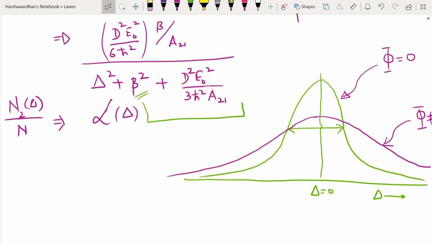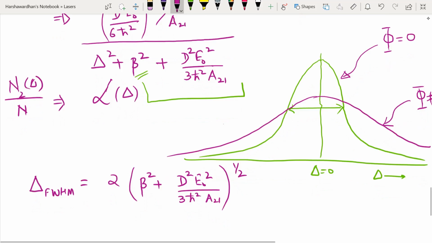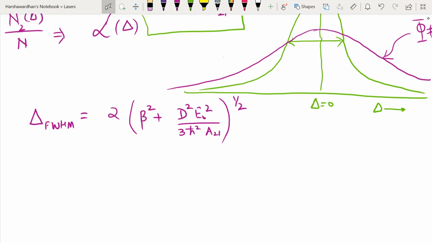Essentially, the full width at half maxima is simply two times this bottom factor, which is the square root of beta square plus d square E naught square over 3 h cross square A21. This is going to be twice that factor, giving me the full width at half maxima.